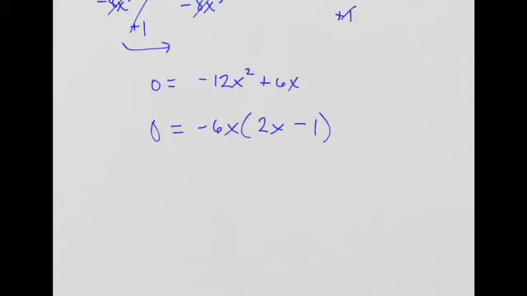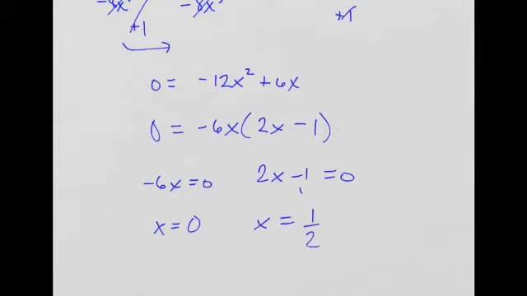There we go. Now I have negative 6x times that equals 0. Set each piece equal to 0. That gives me x equals 0, and 2x minus 1 equals 0. I add 1, and then divide by 2, and I get x equals 1/2.